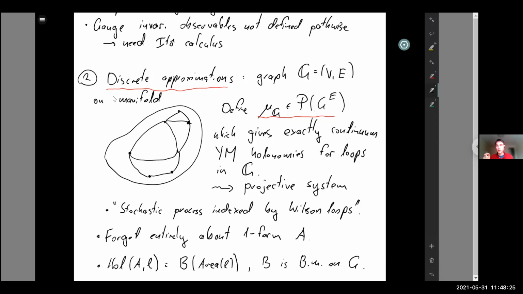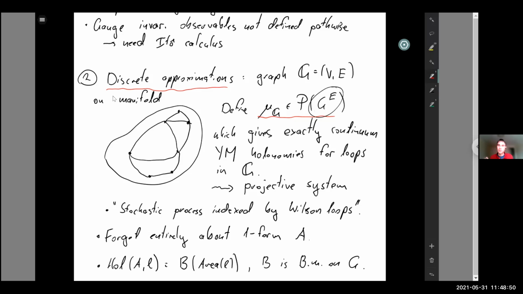known as the Villain action approximation, in such a way that the holonomies for this discrete measure, which is perfectly well defined, give exactly the correct holonomies. You should think of this space G^E as just a compact manifold, so this is just a probability measure on a compact manifold.